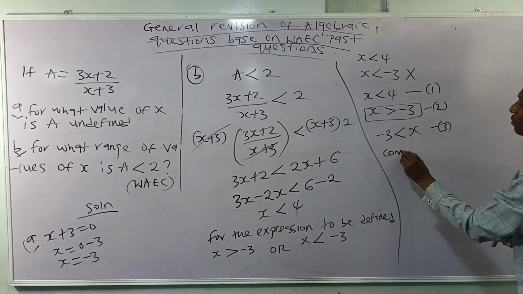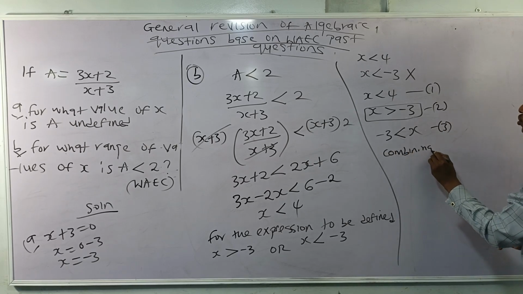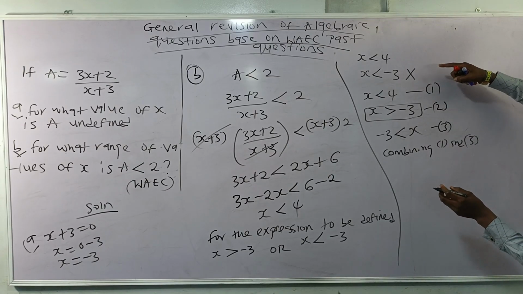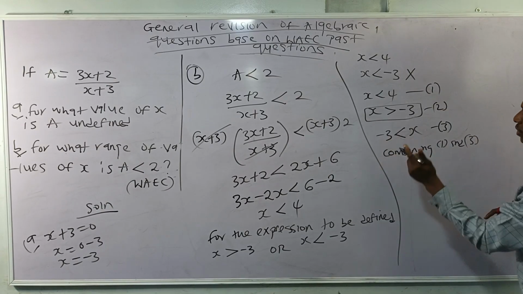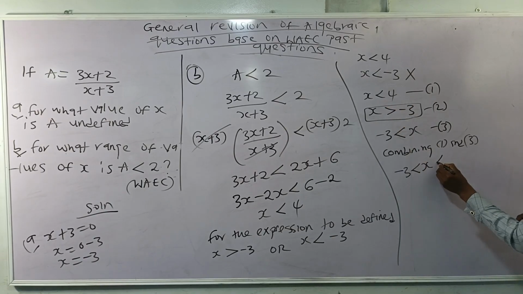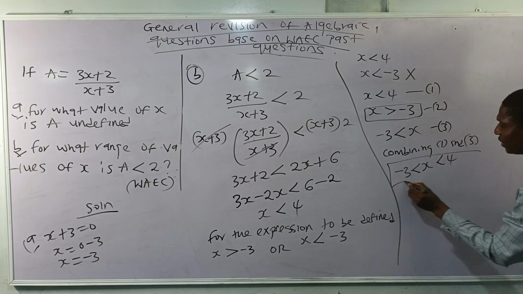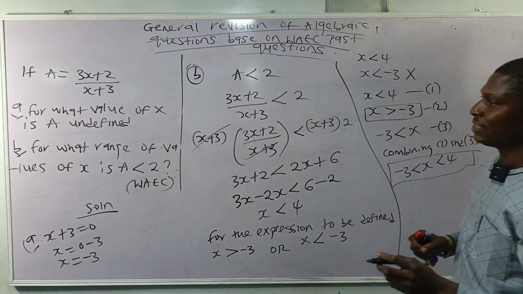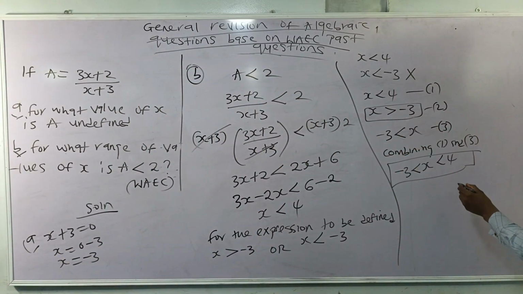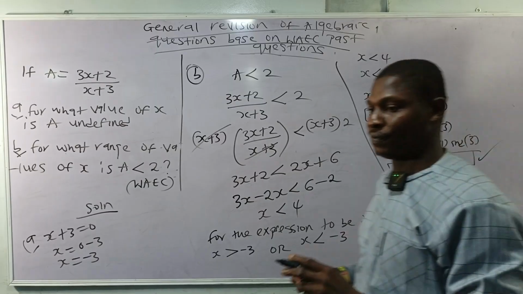So combining equation 1 and 3, we simply have minus 3 less than x less than 4. So this is a combined inequality that satisfies this range of value. So therefore, this is our answer.